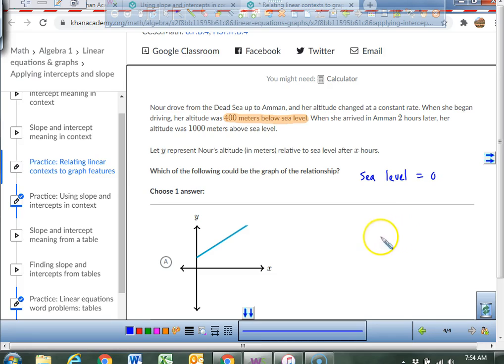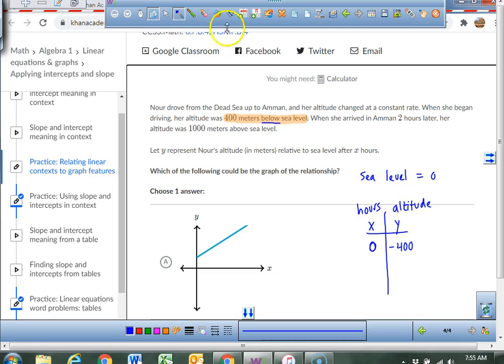Okay? So let's make a little table here. We'll make an x and y. So x will be the hours that she's driving, and then y will be what's called the altitude. Now, when she began driving, which basically means at the very beginning, so right there, 0, she's at negative 400 because it says 400 meters, keyword below.